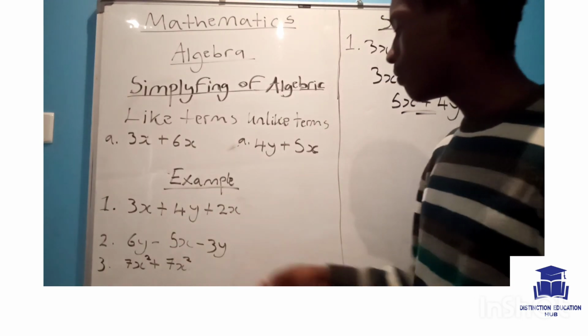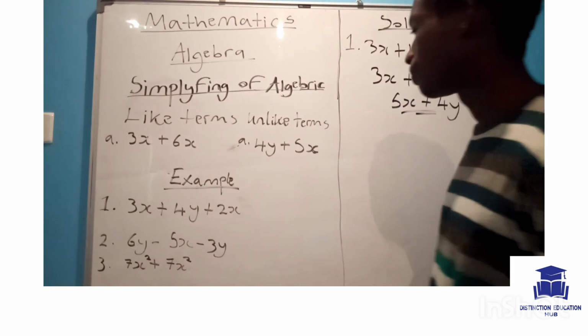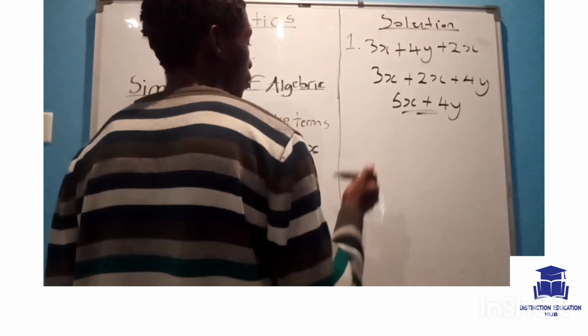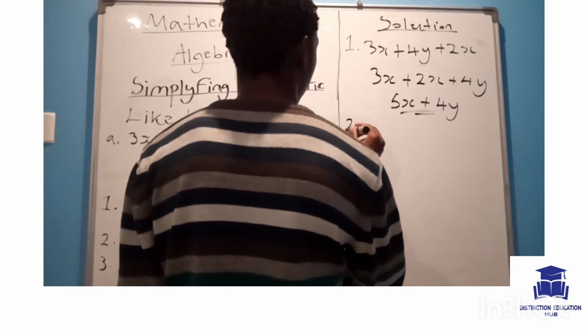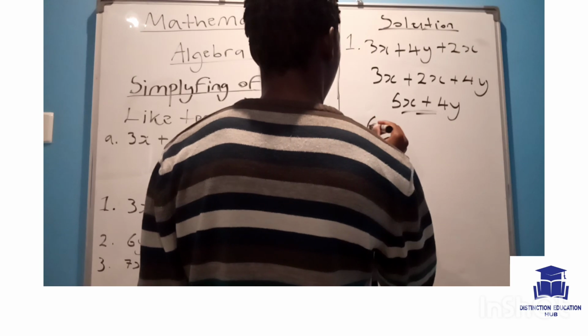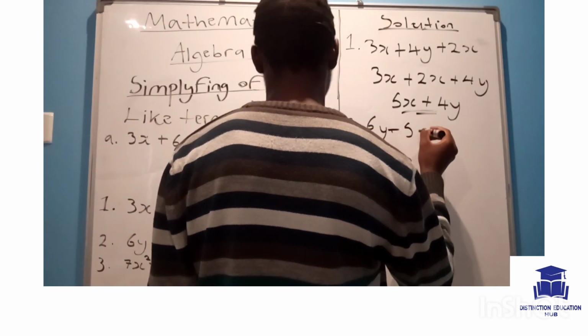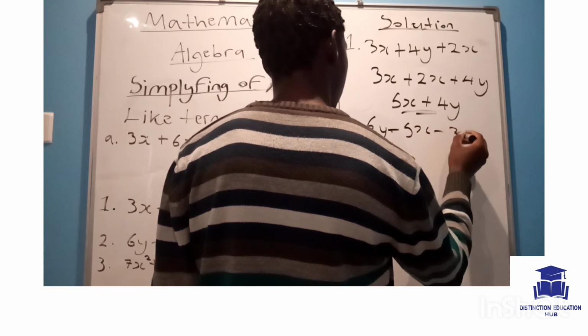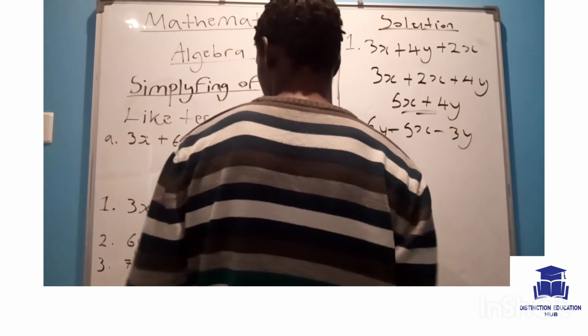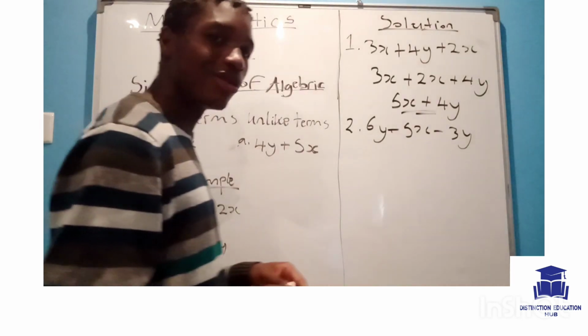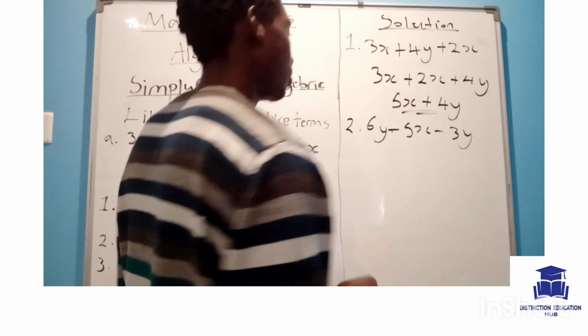6y minus 5x minus 3y. Remember, before you do anything, first collect the like terms.